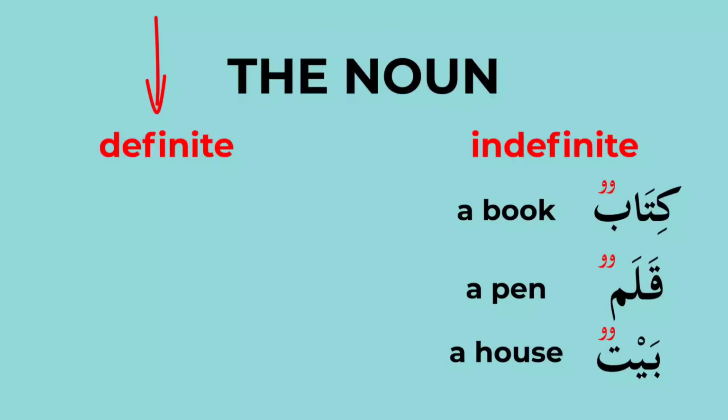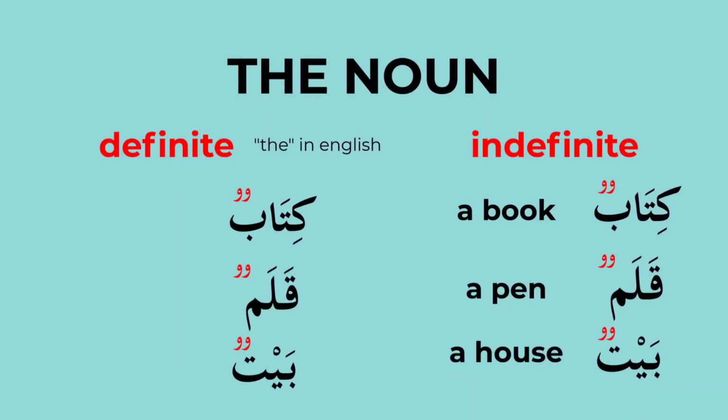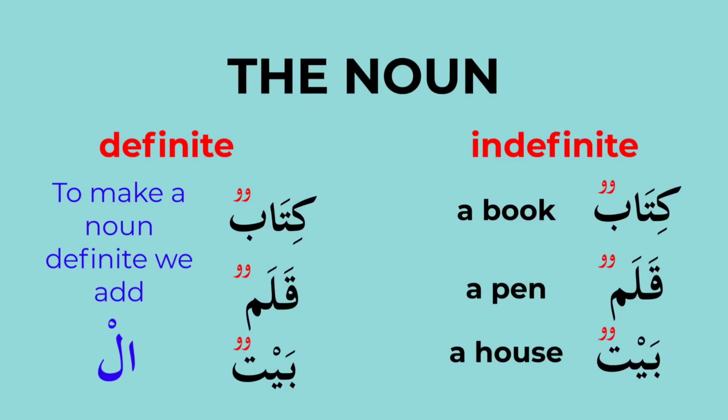So, definite, which is the in English, we have to add al to the noun. So I want to say the book. What will I do now?